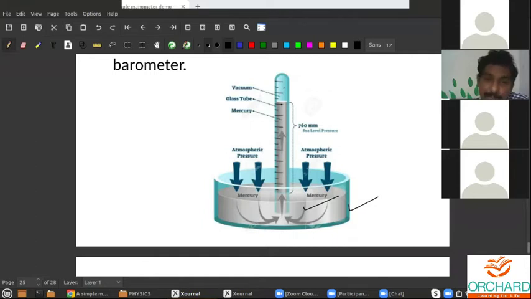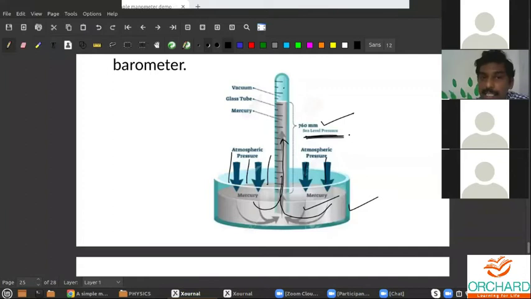If you keep that upside down, immediately, because of the atmospheric pressure acting on the surface of the mercury, the mercury will flow into the tube up to a particular level, that is 760 millimeter. So this is the atmospheric pressure at sea level. Is that clear? Atmospheric pressure at sea level.